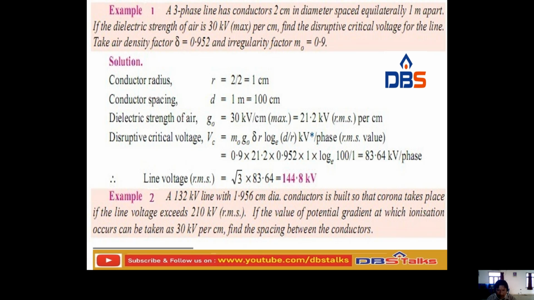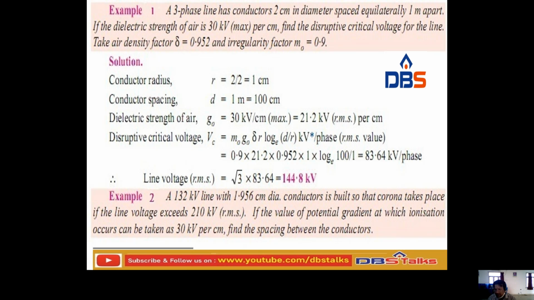So the first problem: a three-phase line has conductors of 2 cm in diameter, spaced equilaterally 1 meter apart. If the dielectric strength of air is 30 kV maximum per centimeter, suppose it is not given, you have to take 30 kV per centimeter for the maximum value.